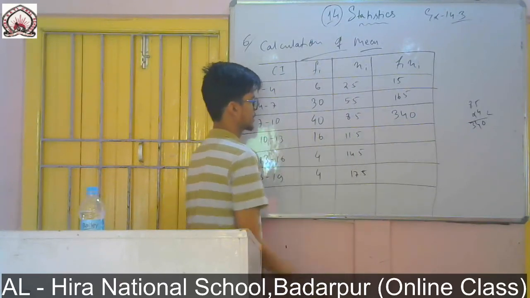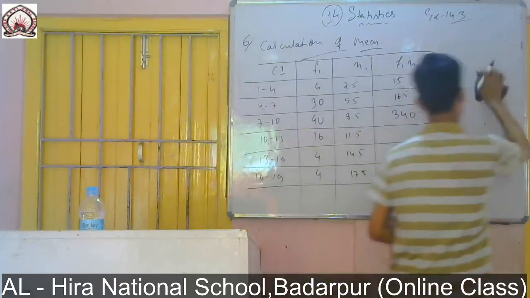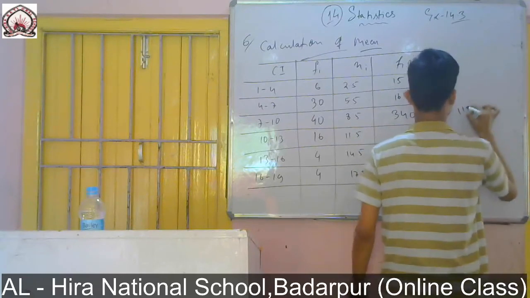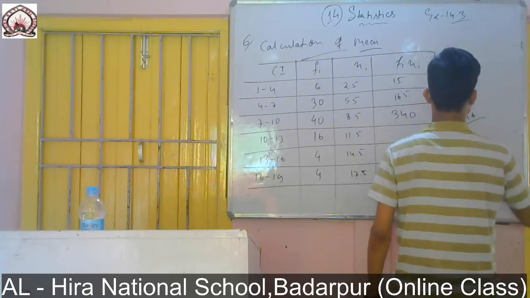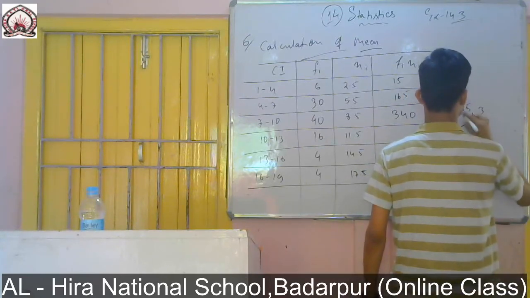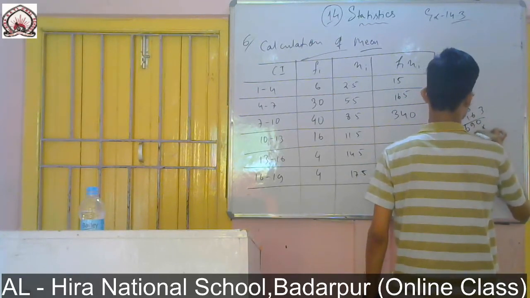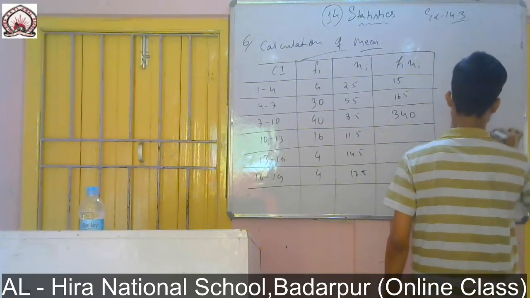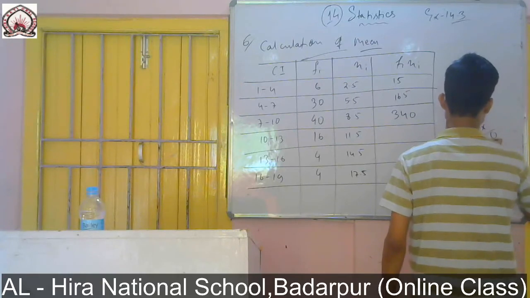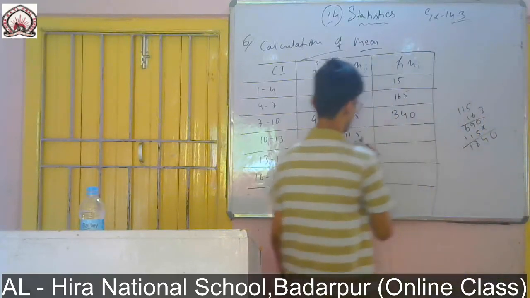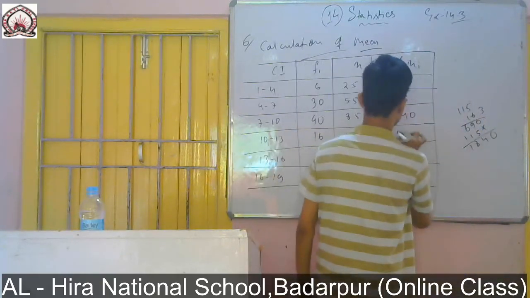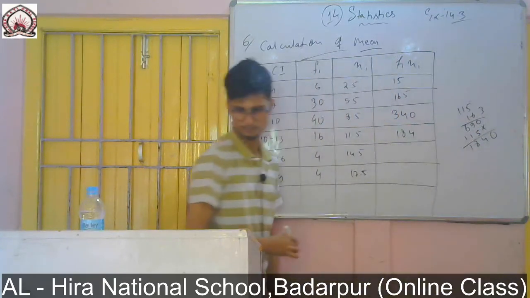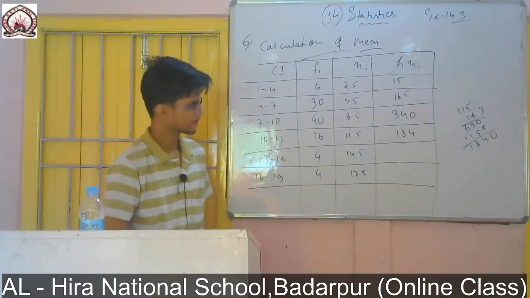Now 11.5 into 16. 115 into 16 is 1840, and with one decimal place it is 184.